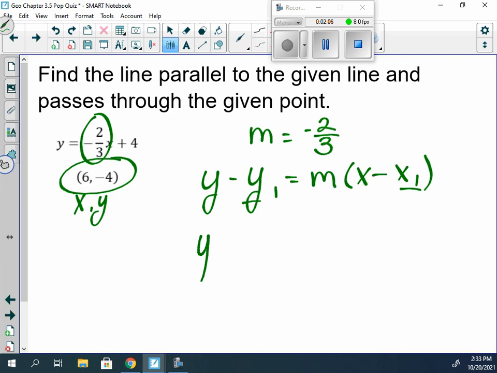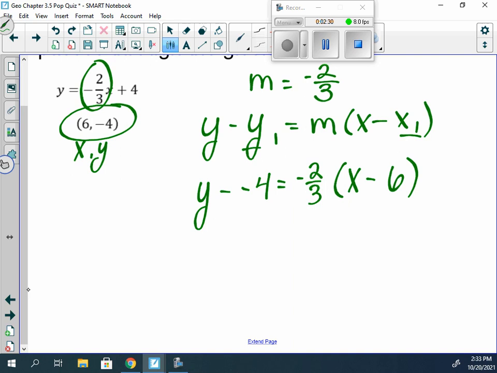So here, y minus our point, which would be negative 4, equals our slope we found, negative 2/3, times x minus. So for x1, y1, I plugged in the values of x and y, and we plugged in the slope of negative 2/3. Any questions on this here?